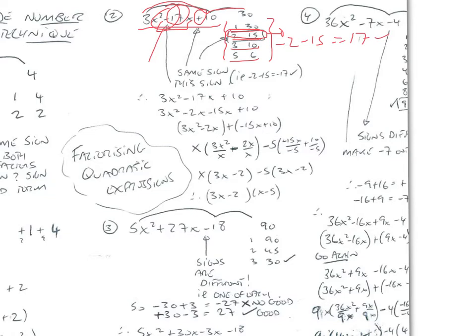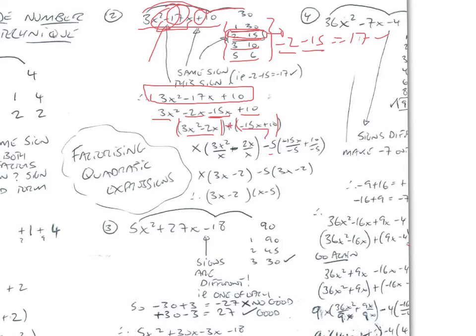So we'll rewrite 3x squared minus 17x plus 10 as 3x squared minus 2x minus 15x plus 10. Then we'll group them together: 3x squared minus 2x, and minus 15x plus 10. The common factor here is x, and in the second group, the sign pops out, remember, and the common number is 5.